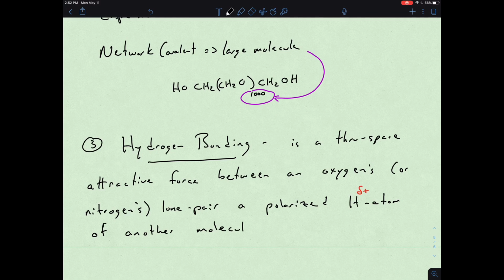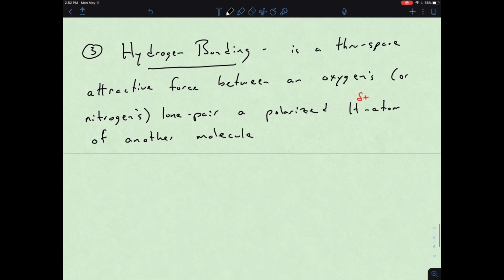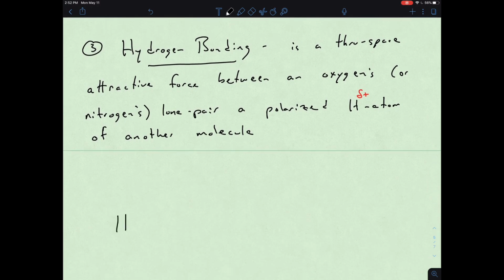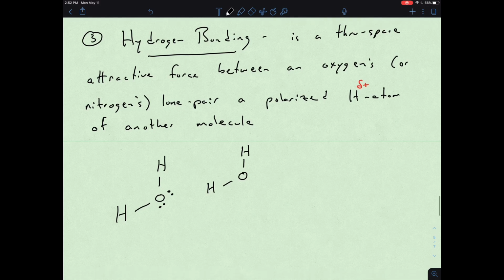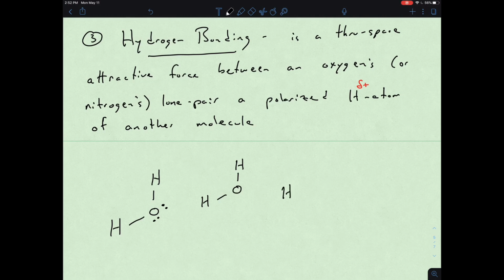Of another molecule. So water is our best example of hydrogen bonding, where here we have our water molecule somewhat drawn in the tetrahedral, and if we maybe draw another one or two of these together, we might be able to start to see this attractive force.